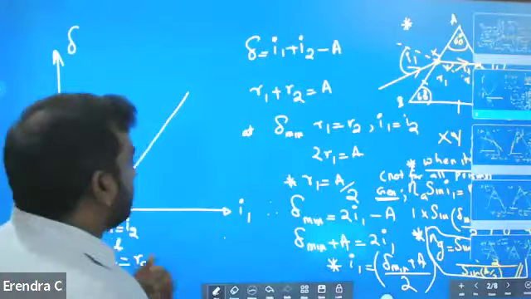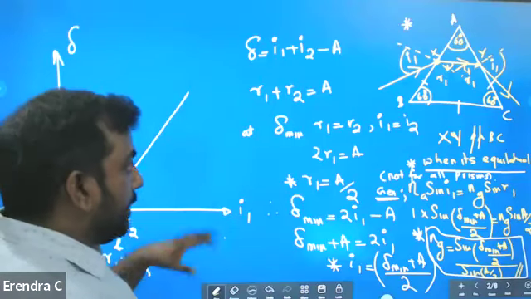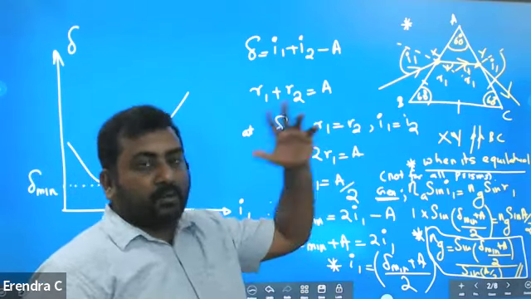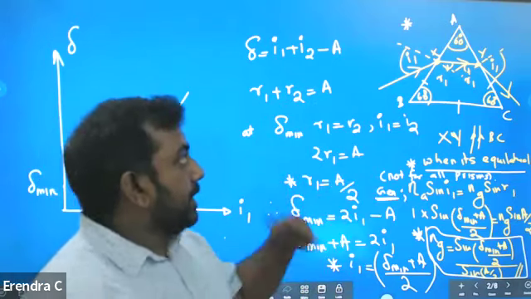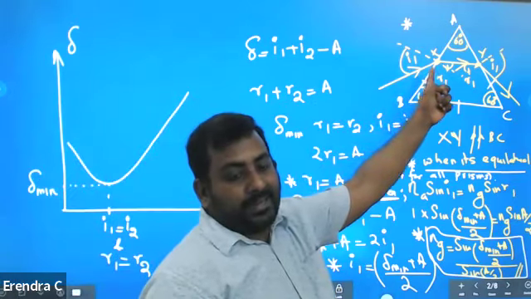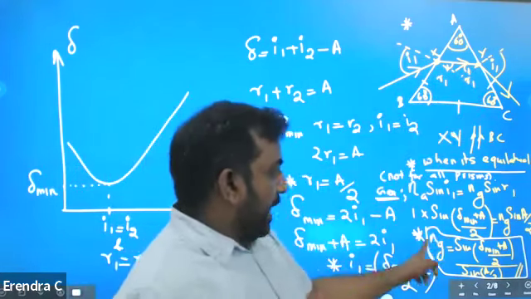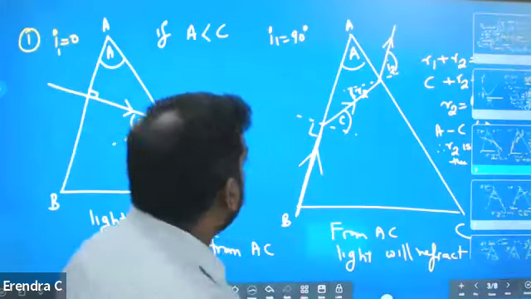Then we spoke about how deviation changes with the angle of incidence. A special case is minimum deviation: I1 equals I2, R1 equals R2. Whatever the prism, this can take place. But if it's equilateral, the light ray through the prism will become parallel to the base. From there, you can get a relationship for the refractive index using minimum deviation.